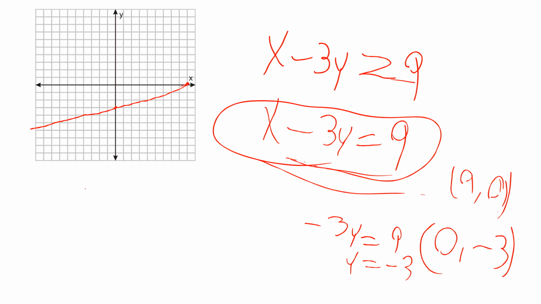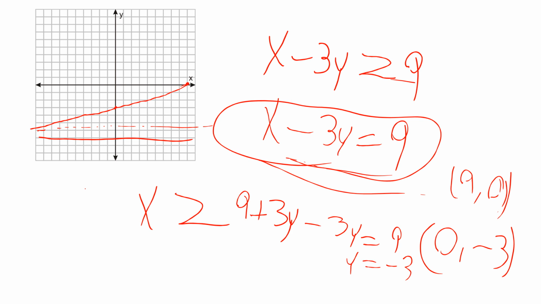I can also rewrite this inequality as x is greater than or equal to 9 plus 3y. We're increasing the x, so x is going to move from left to right, and every single point here is going to go like this.